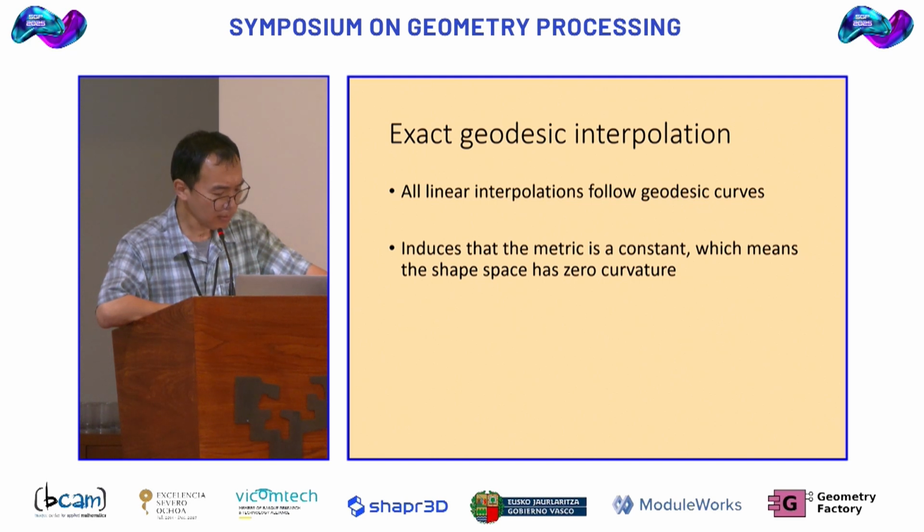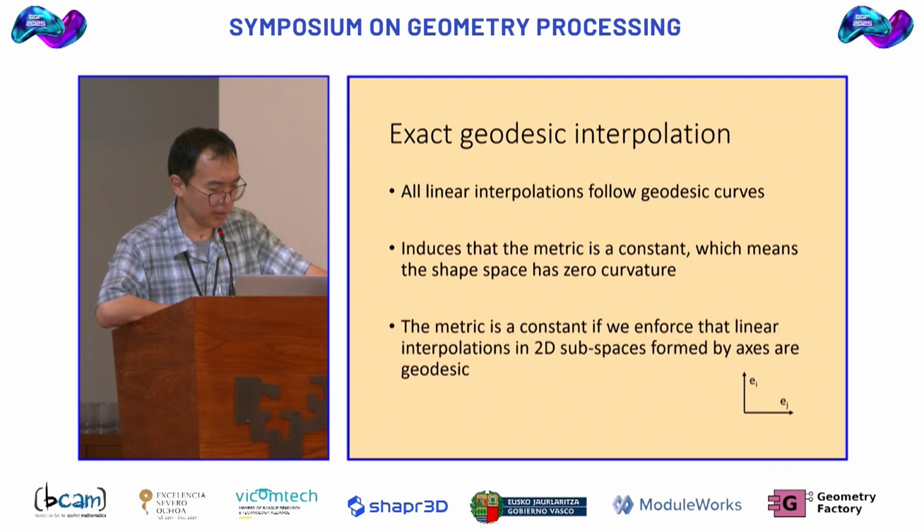Then, if we only enforce that all the interpolations within those two-dimensional subspaces are geodesics, then this is also too strong, because this is also a Euclidean space. Two-dimensional subspaces are also too strong.